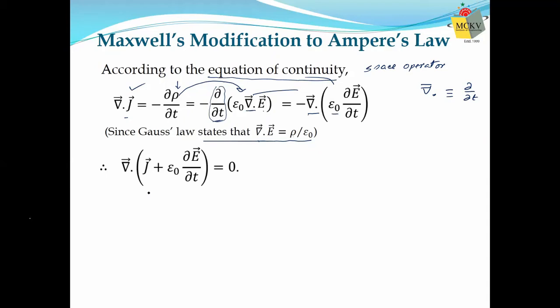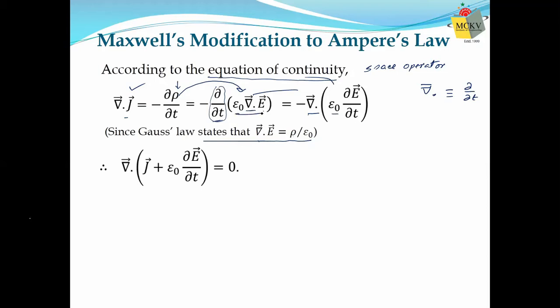So what Maxwell did, he used the equation of continuity, that is divergence J equals minus del rho del T, which is applicable when there is no accumulation of charges flowing through that conductor. Then he used the well-known Gauss law, so that the volume charge density can be replaced in terms of electric field.